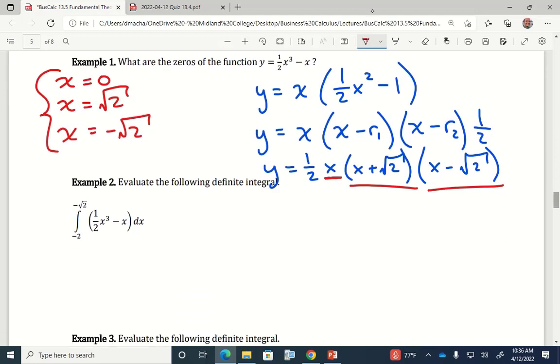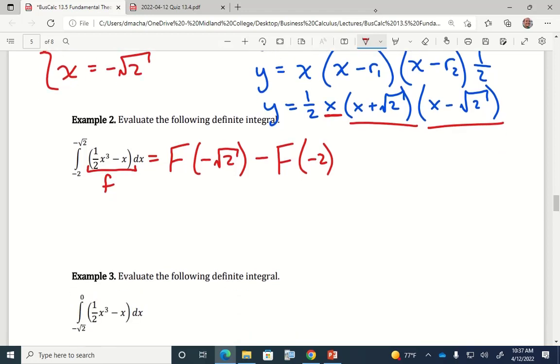So example 2 says, evaluate the following definite integral. And we're going to rely on fundamental theorem of calculus rule number 2, where if I want to evaluate a definite integral, I'm going to call my integrand lowercase f, and this is now just a matter of finding the antiderivative of that, evaluating the antiderivative at negative square root 2, my upper bound of the integral, and then subtracting the antiderivative evaluated at negative 2, because negative 2 would be the lower bound of that definite integral.